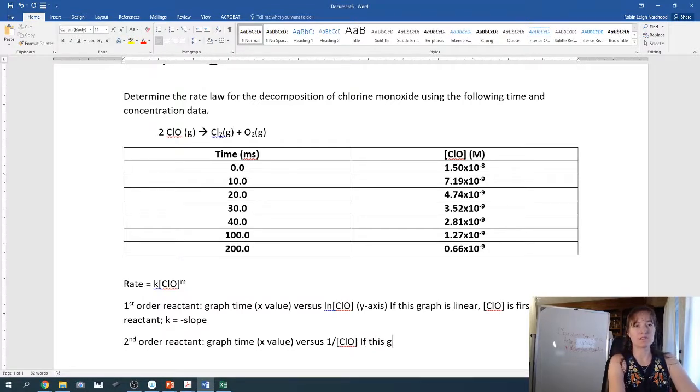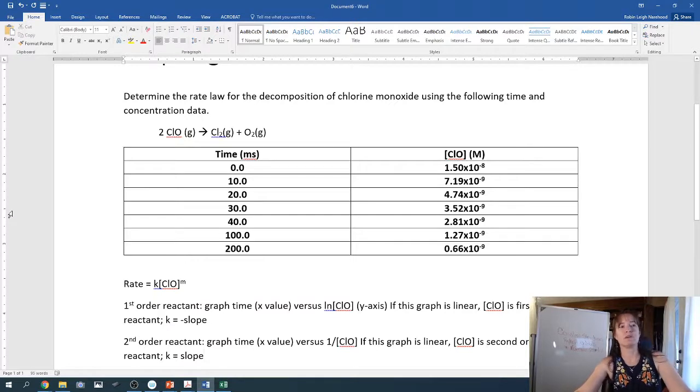If this graph is linear, then ClO is second order, and k is equal to the slope. So your rate constant is your slope.